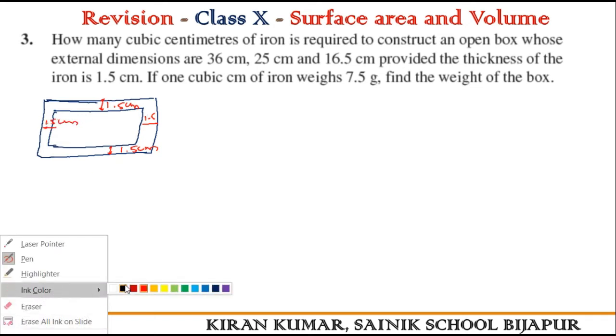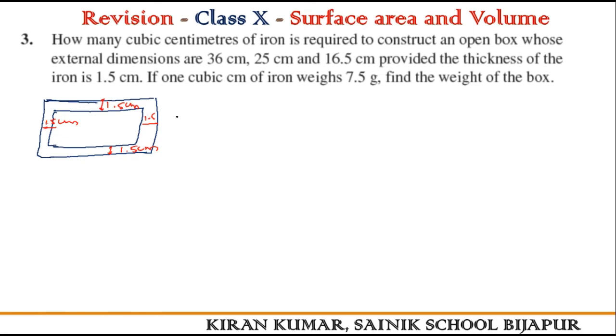Now, as per the given question, the breadth of the box is 25 centimeter. Length of the box is 36 centimeter. And the height of the box is 16.5 centimeter. So there are two dimensions here.